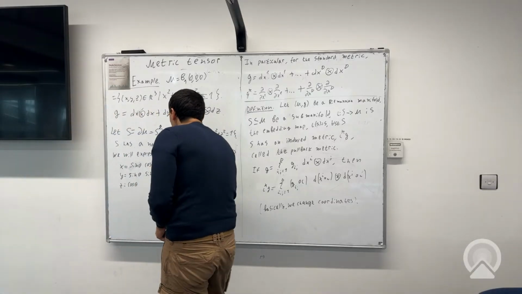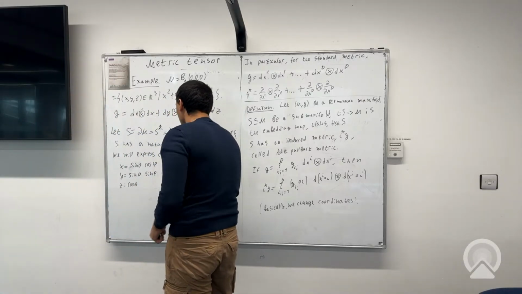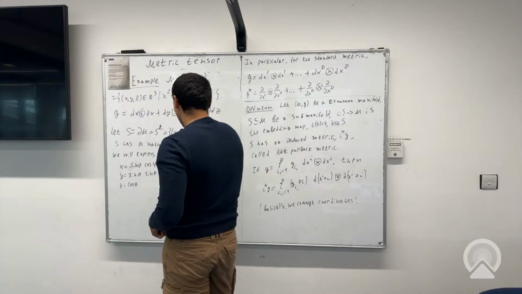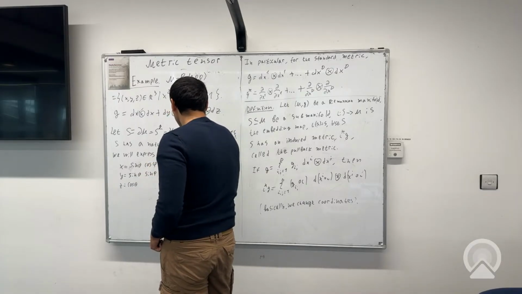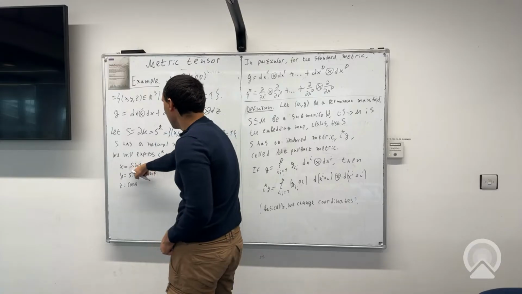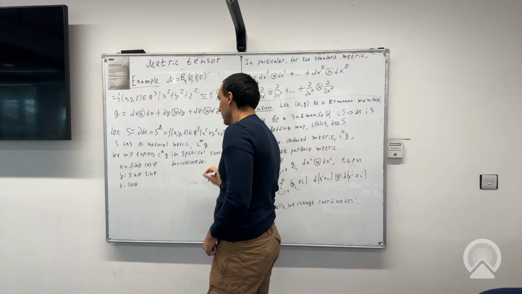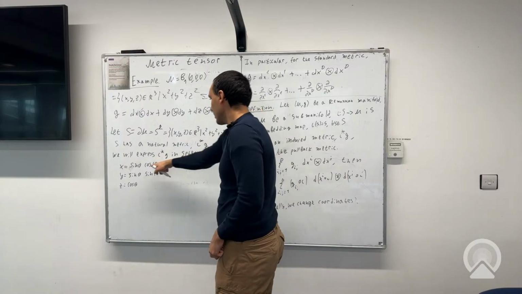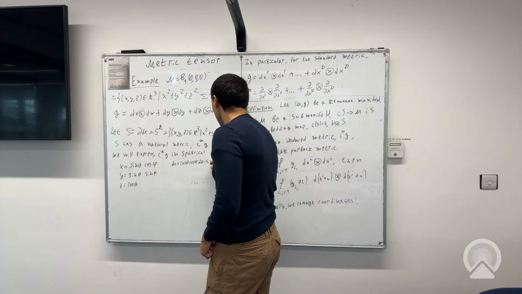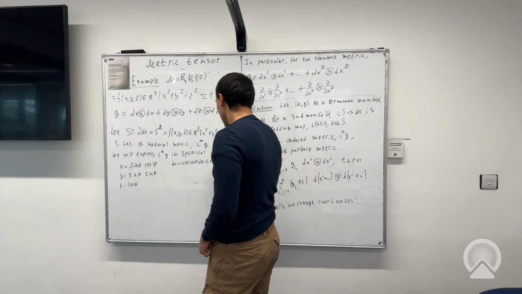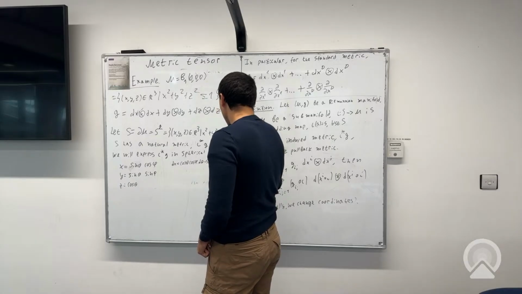This means that dx is cosine theta cosine phi d theta minus sine theta sine phi d phi.